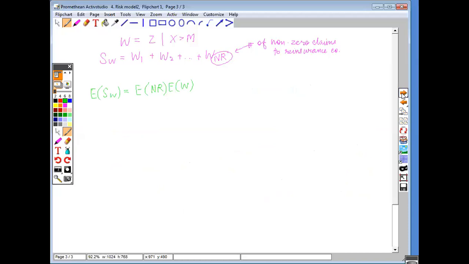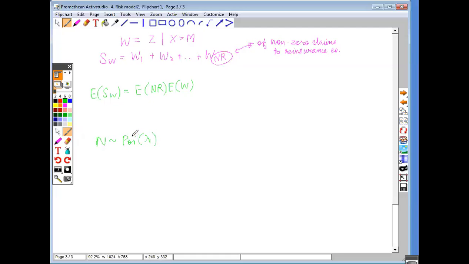So again, I'm going to use the fact that my N follows a Poisson distribution with the parameter lambda.